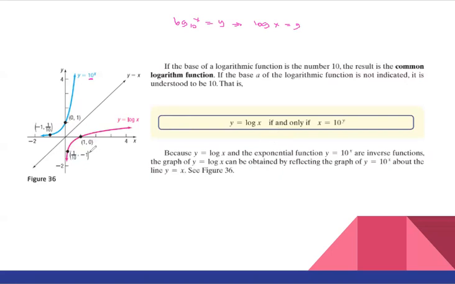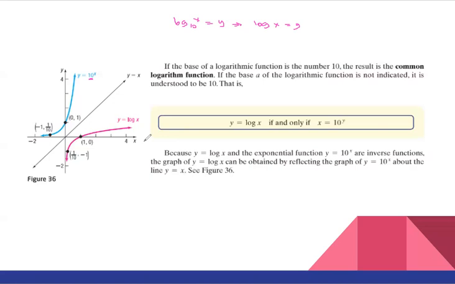Which is why, when you know the graph of the exponential function, you can find the inverse by taking the symmetry on the y equals x line. They are going to be reflected on that line. So if you know the graph of the exponential, you can just reflect over the y equals x line. That is going to be your logarithmic function graph.